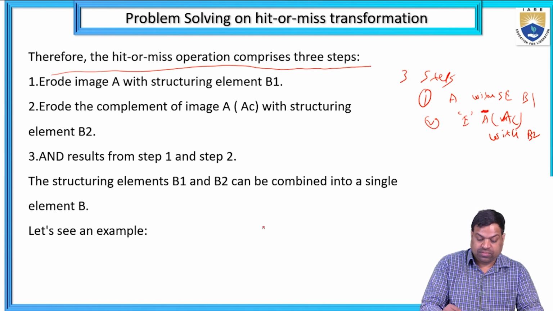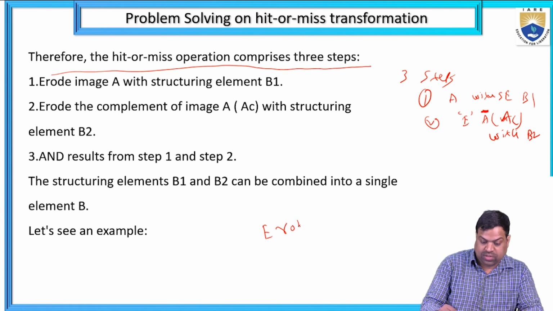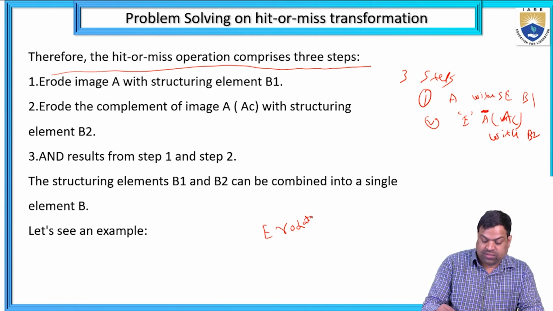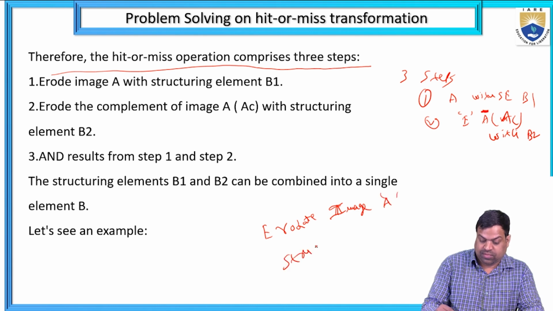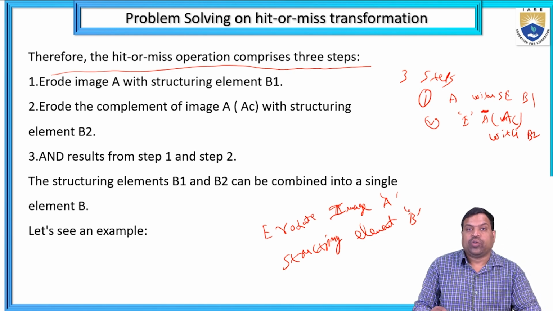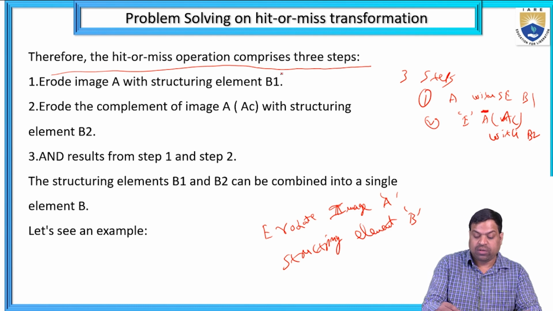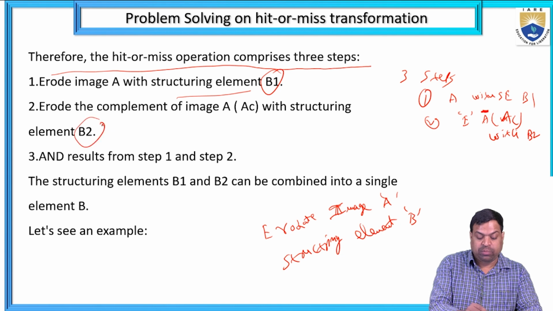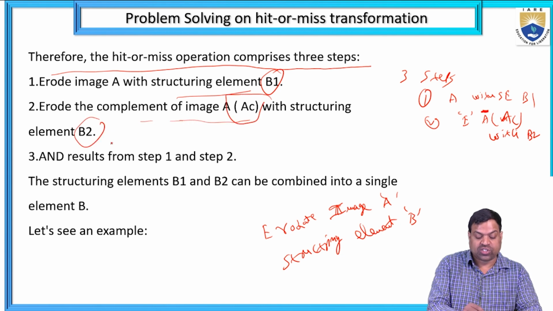So here the eroded input image is A and the structuring element I'm taking as B1, but for the structuring element B2, it is the complement, A complement eroded with the structuring element B2.